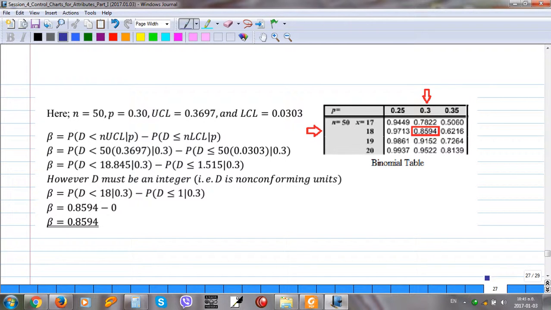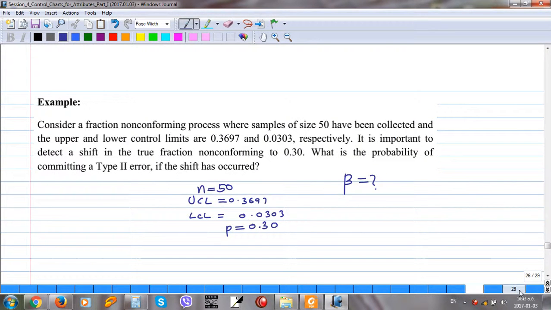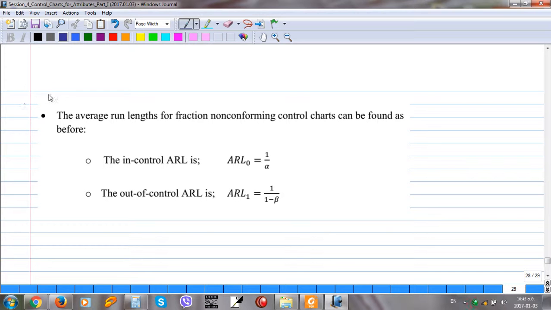So finally, in this part 1, in this video I am going to discuss only two types of charts, P charts and NP charts. And another thing we discussed, we have to find the average run length. So ARL, average run length for the fraction non-conformant control charts can be found as before, meaning in chapter 3. If it is in control, ARL naught we take as 1 over alpha. If it is out of control, ARL 1 we can take as 1 over 1 minus beta.